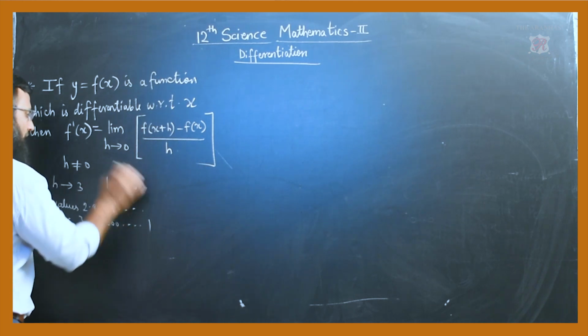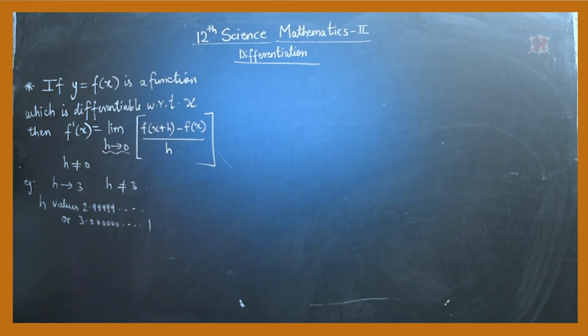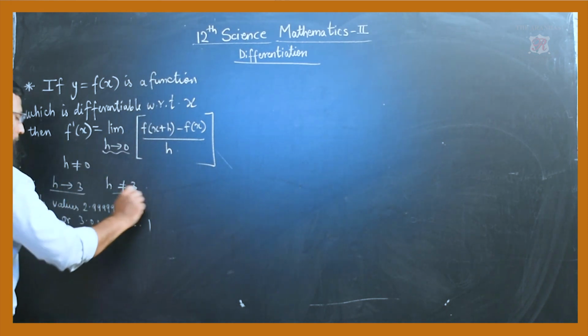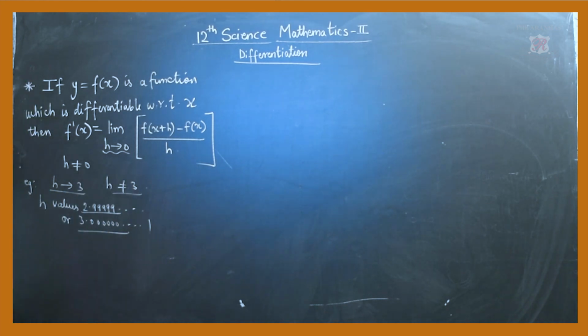Similarly, you can apply it for any natural number, but here we are specific about h tending towards 0. So tends means approaches towards the nearest value, but not equal to that value. So this is the first concept about differentiation.